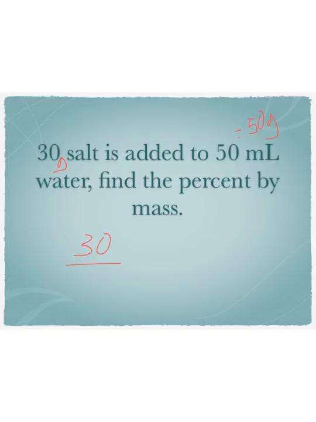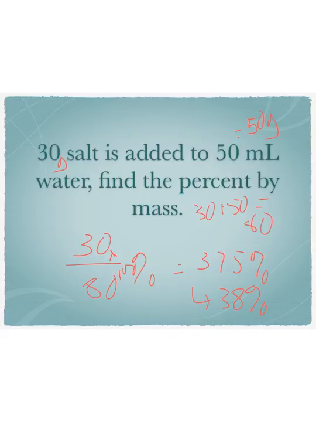On the bottom, I'm going to need to take 30 plus 50, and that's going to be 80. And then I'm going to multiply that times 100%. So 30 divided by 80 gives me 0.375. Then times 100 is equal to 37.5%, or if you just want to round that to 38%, that's fine. Again, if they give you a more detailed number, you can round your sig figs more.